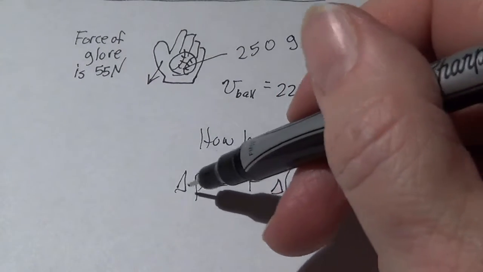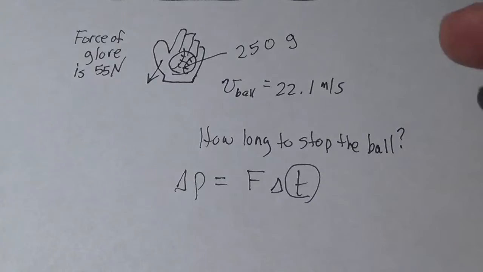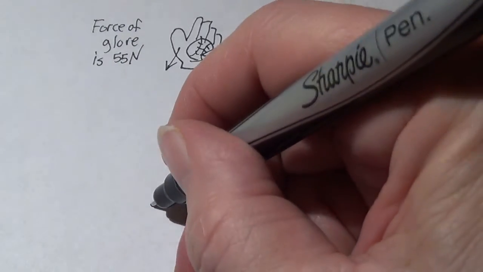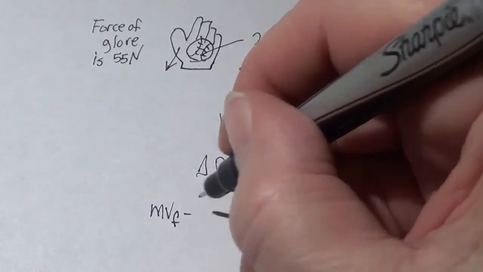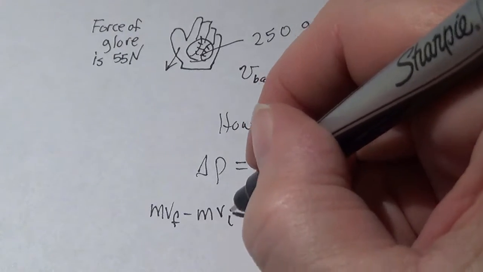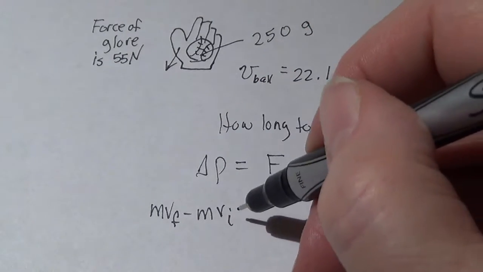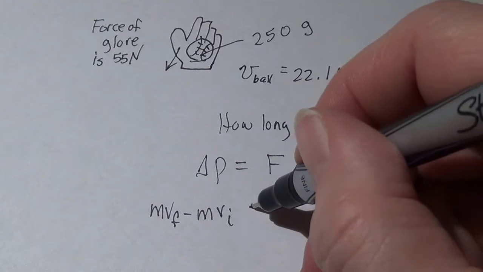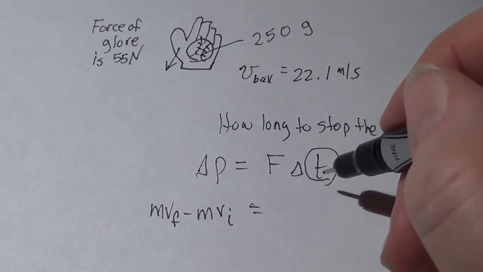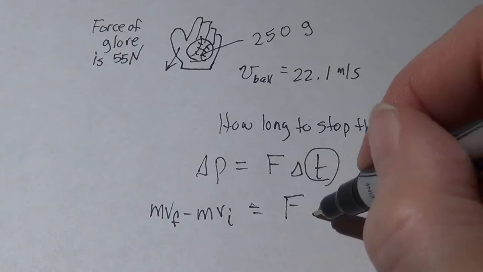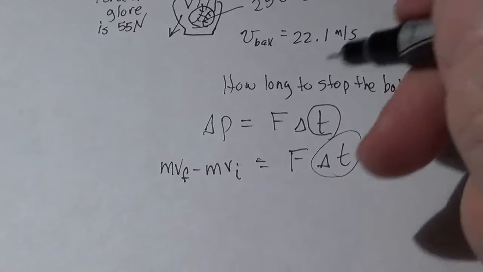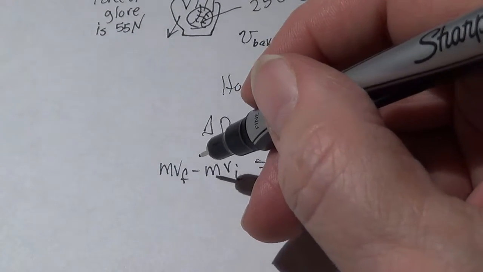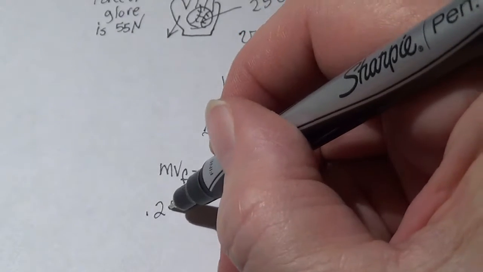I'm going to switch again to change in momentum the way it was in the other problem. MV final minus MV initial. Momentum final minus momentum initial is the same as change in momentum. Force and change in time, which is what we're looking for. Mass is known to be 0.250.